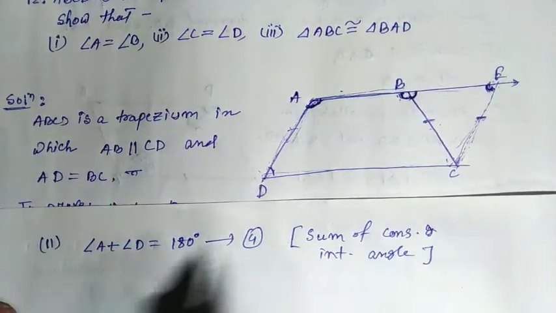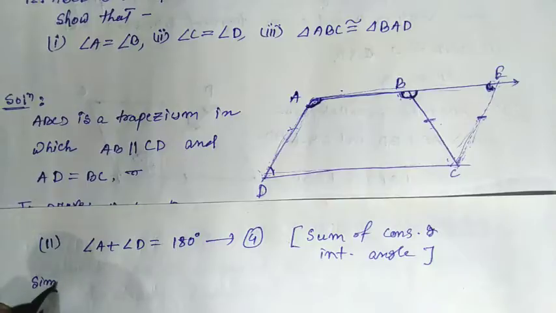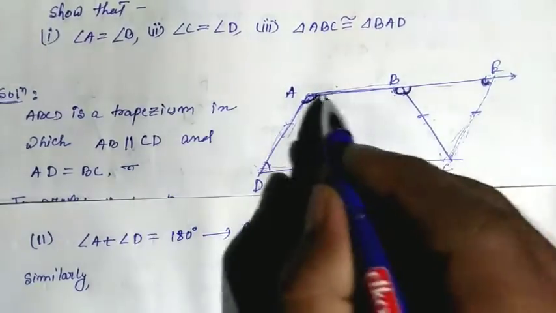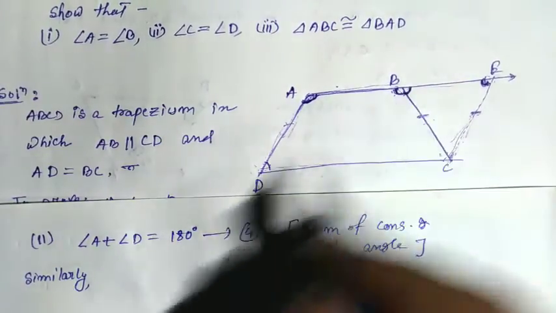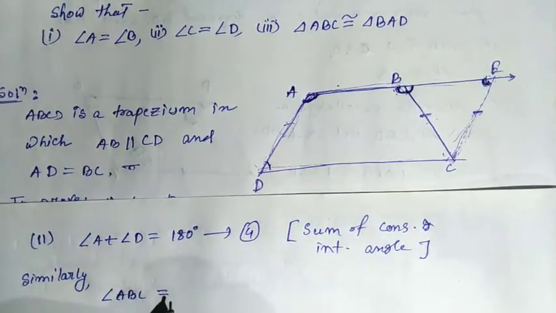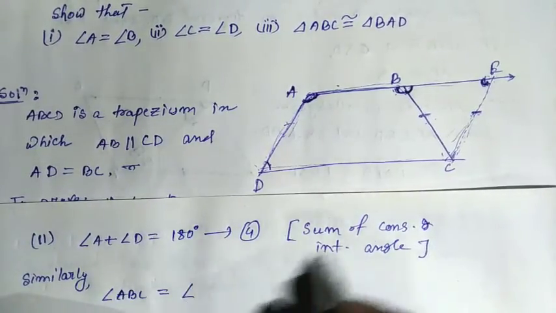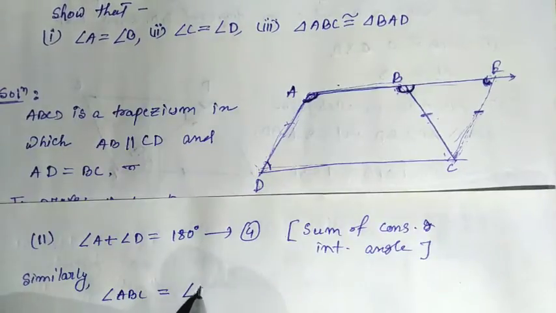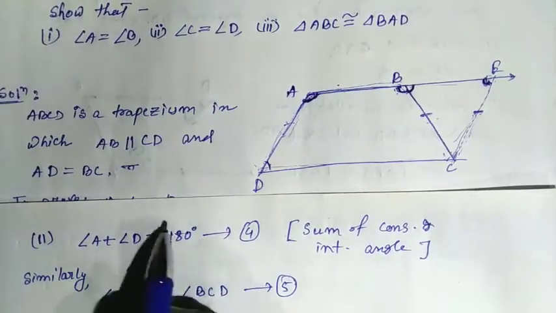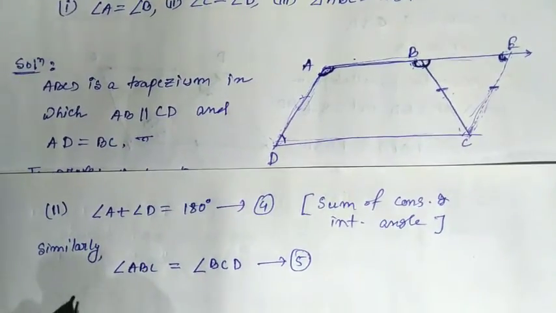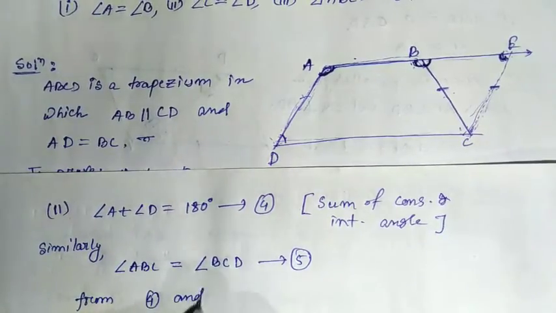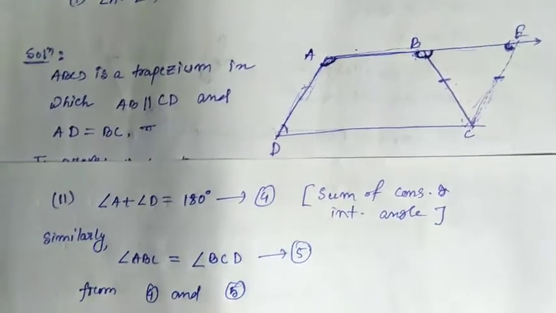So again similarly, what can you write? The sum of angle ABC and angle BCD, equation 5. From equations 4 and 5, what do we get?